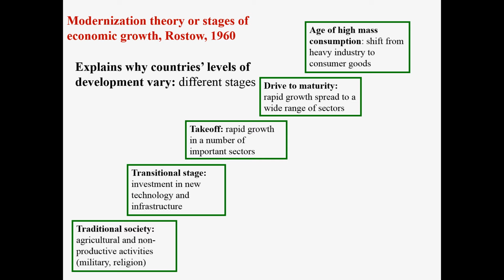So this is a very critical stage, and Rostow labeled it the transitional stage. So you need to have some leaders of business, of government that have long vision and make very wise decisions to invest in some critical technologies and infrastructure, whatever it is.